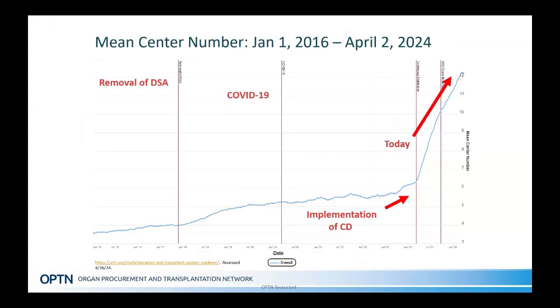And here we can see that following the implementation of CAS, there has been a dramatic increase in the number of transplant centers that have to decline an organ prior to acceptance. And again, this may provide a possible surrogate for logistical complexity, which then may provide a way to mitigate allocation out of sequence.